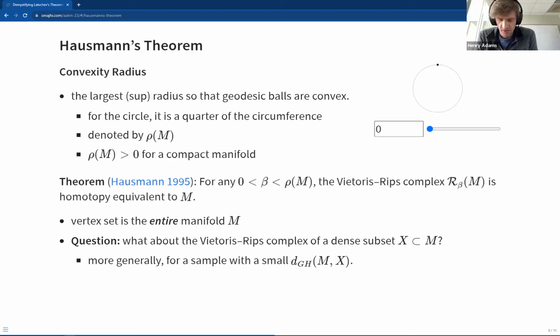But I really like how the perspective of interleavings from persistence is appearing directly in your proof, right? Because Latschev's theorem was probably proven independent of persistent homology. Persistent homology was getting started, but I don't know if the two communities really knew each other yet.